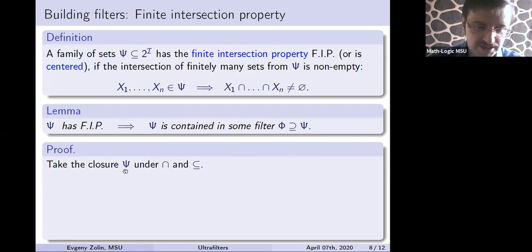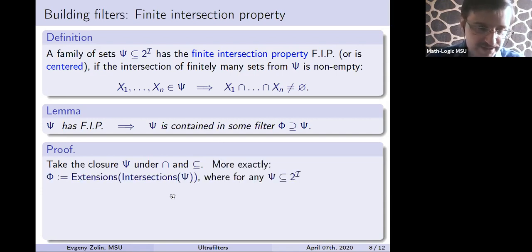Intuitively, we simply take the closure of this psi under intersection and superset. So if we have any two sets from psi, then we take the intersection. If we have any set, then take a bigger set. And continue this as long as possible. So when you stabilize, then you obtain all sets that we need.